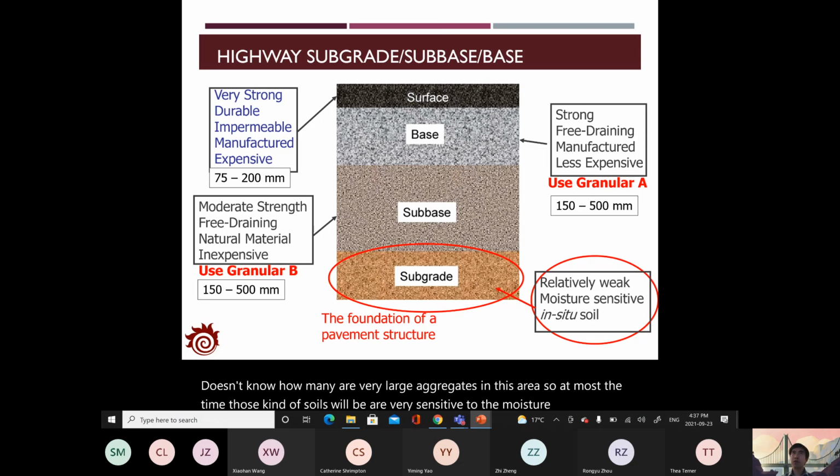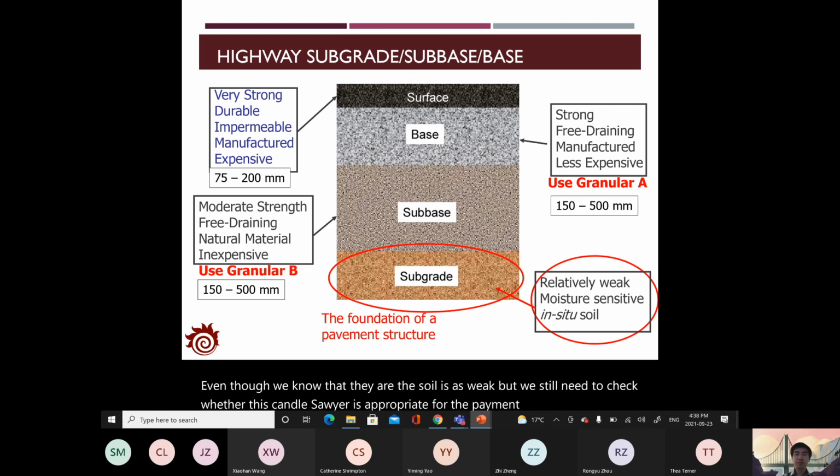And if there are some rains or some water entering the subgrade, it will significantly reduce the strength of the subgrade layer. So it's relatively weak, but we still need to check whether this kind of soil is appropriate for the pavement layers on top.